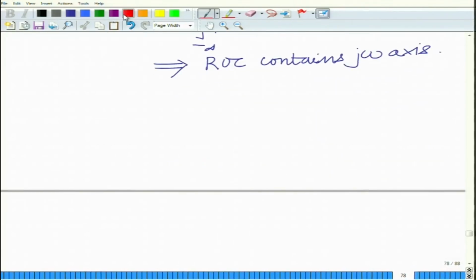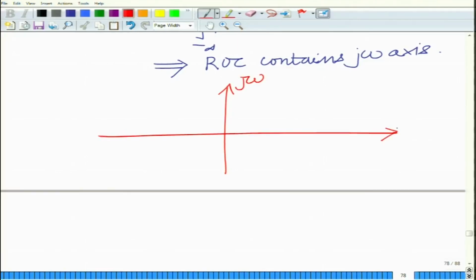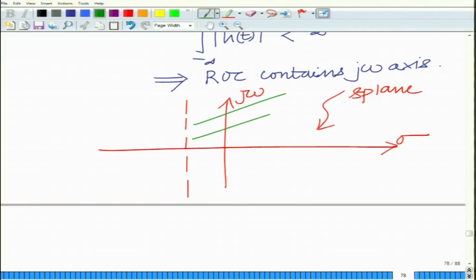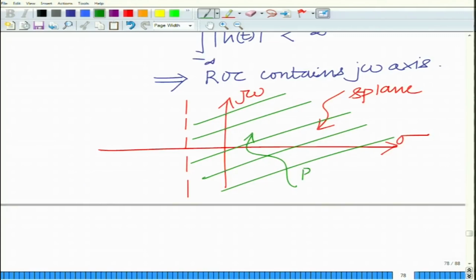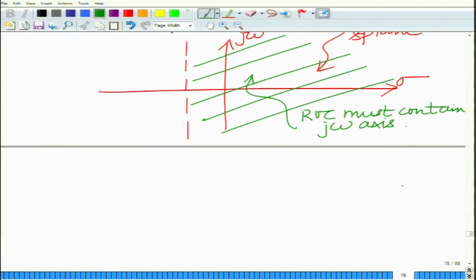That is, in the s plane, where the y axis is the j omega axis, whatever the ROC is must contain the j omega axis if the system is stable.